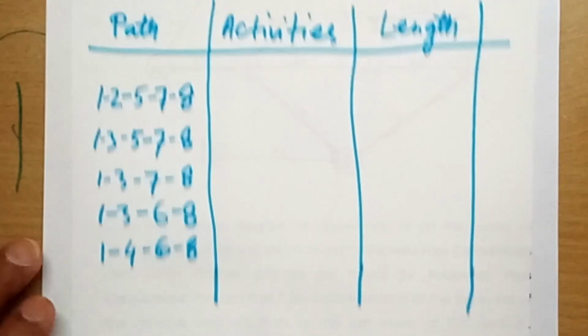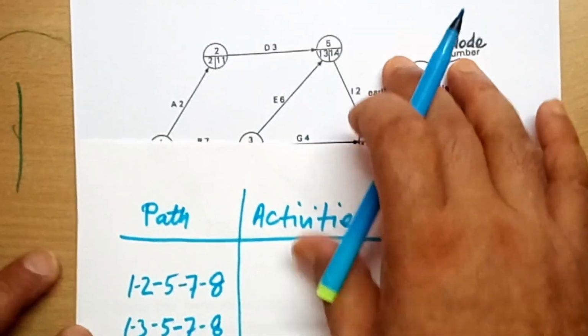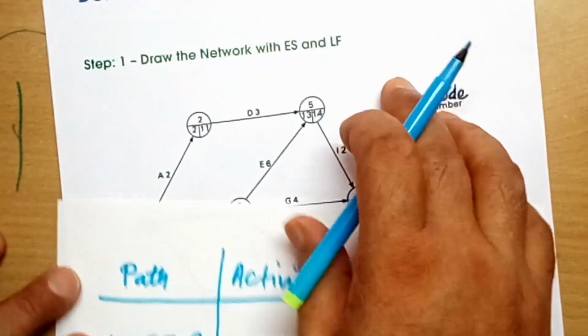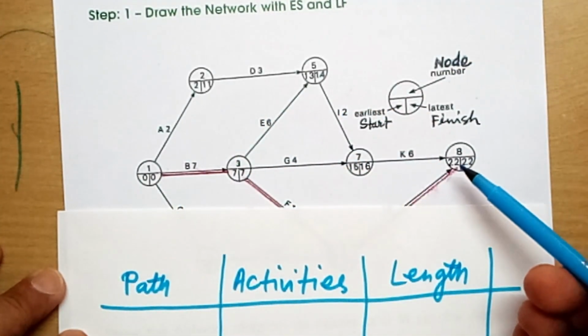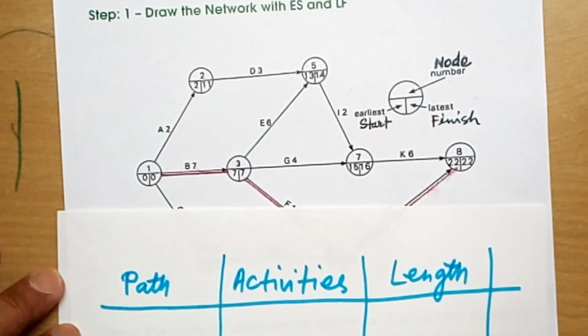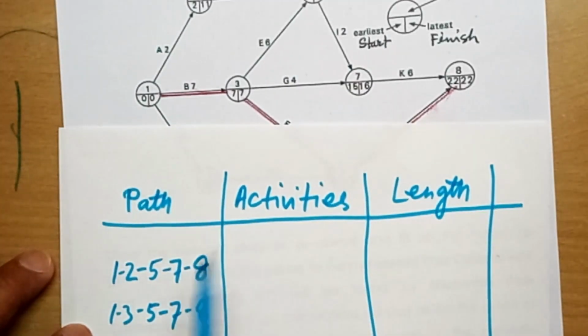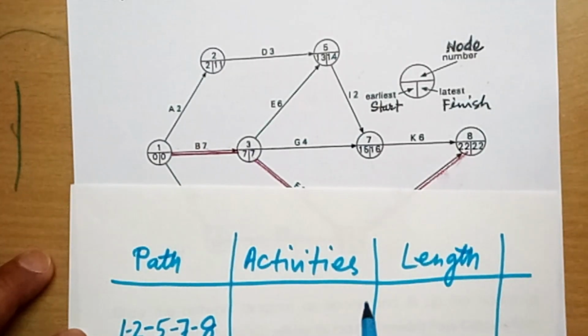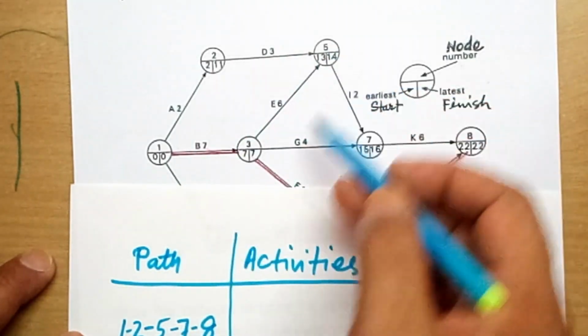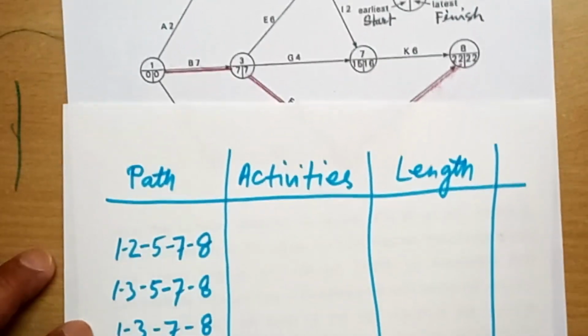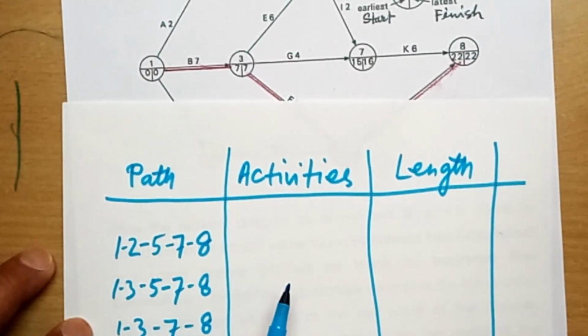So we have the paths: 1, 2, 5, 7, 8. We are reading it. Then 1, 3, 5, 7, 8.